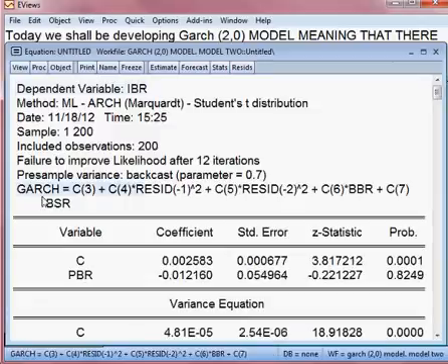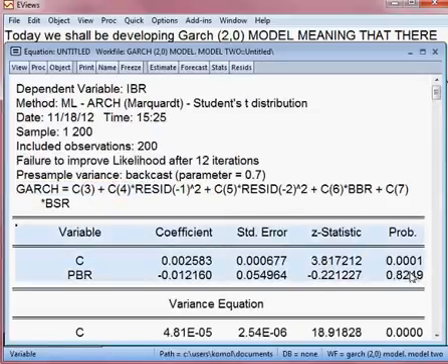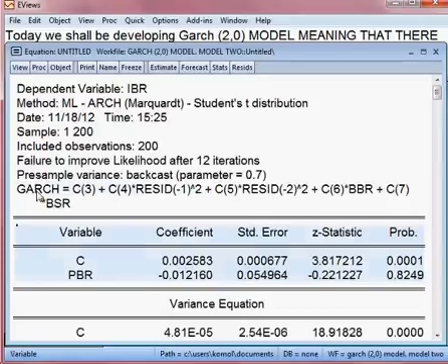So what is this GARCH? This GARCH means the dependent variable here, actually the variance of the residual of the Indian bond return. Variance of the residual, right? And we have derived that from this mean equation. How do we get this GARCH dependent variable?